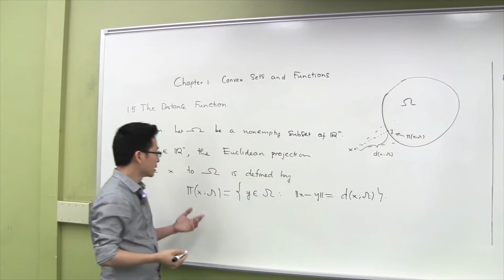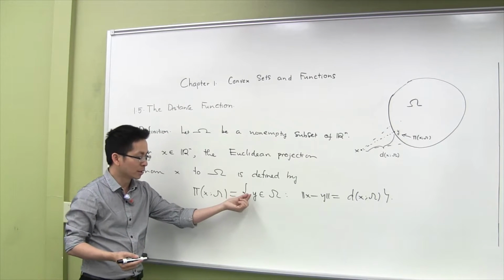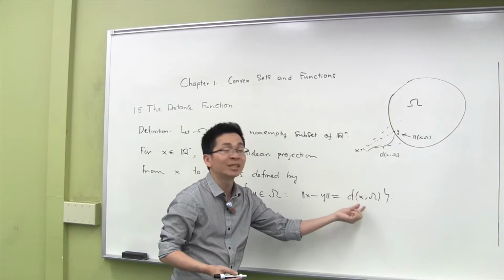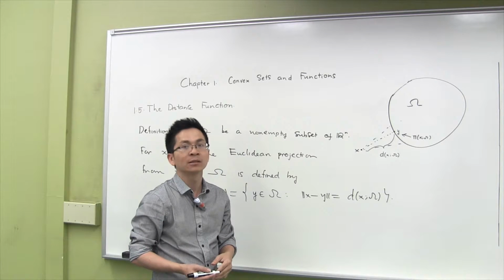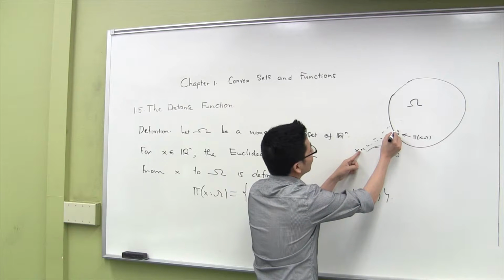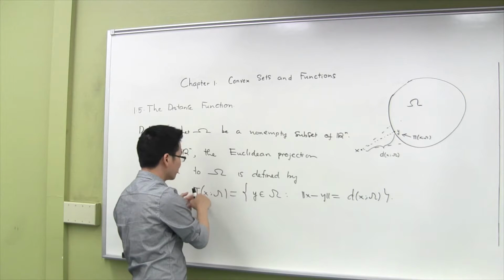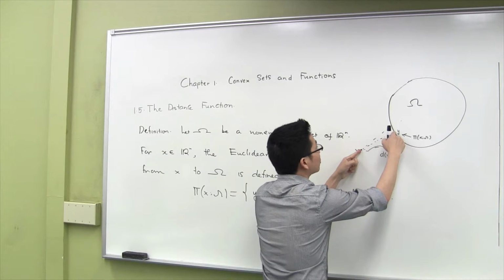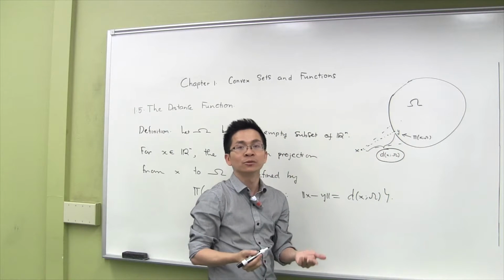So that means the Euclidean projection from x to omega is the set of all y in omega such that the infimum is attained in the definition of the distance function from x to omega. Okay, so in this figure we can see that this element y belongs to the projection from x to omega, because the distance between x and y is exactly the distance from x to omega.